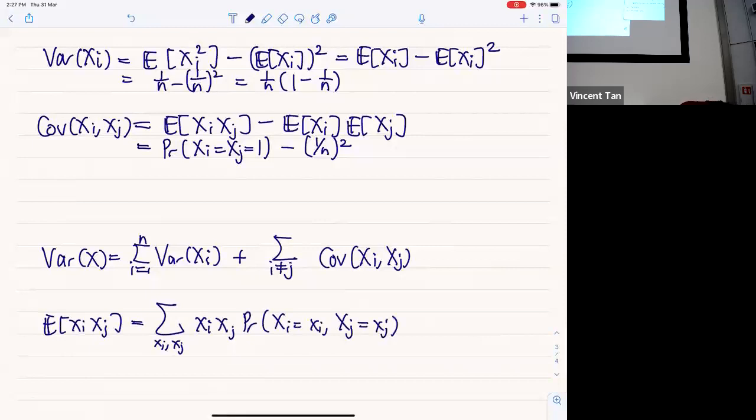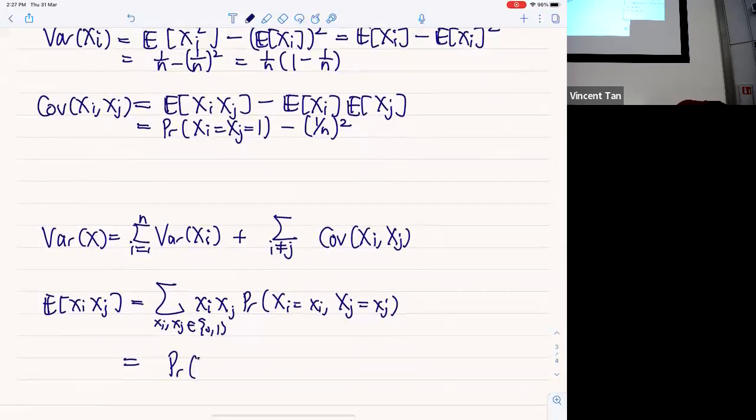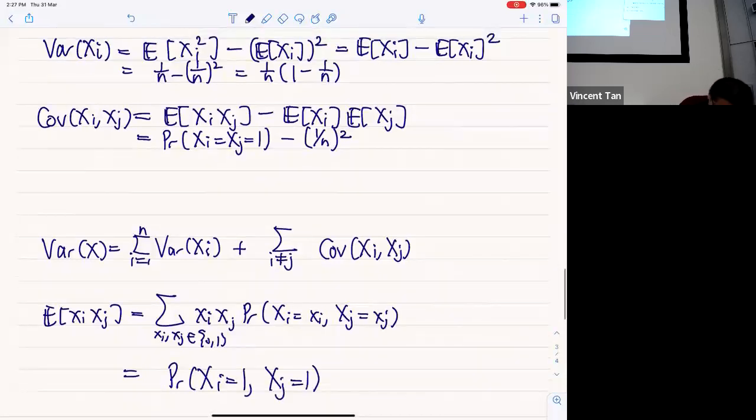Now, the xi's and xj's can only take on the values 0 and 1. So the only term that contributes to this expectation is when xi equals 1 and xj equals 1. Okay? That is the case.